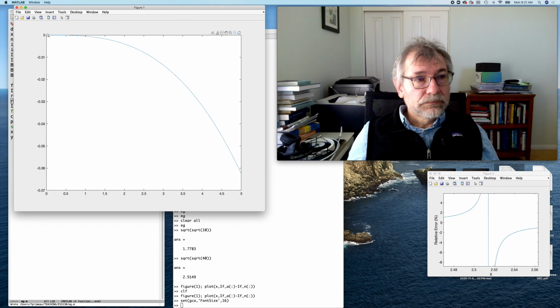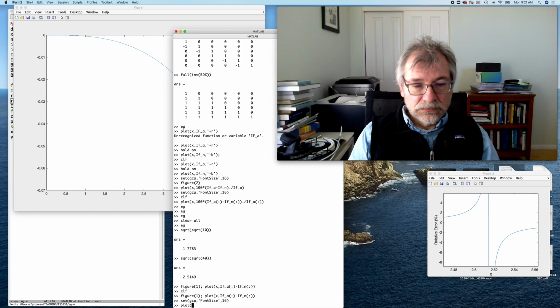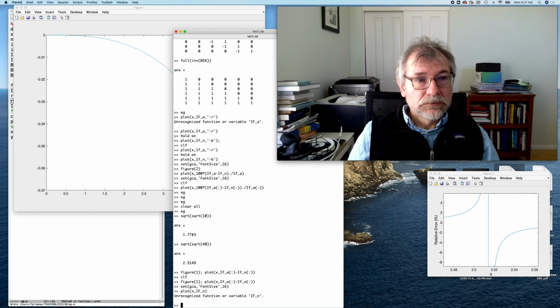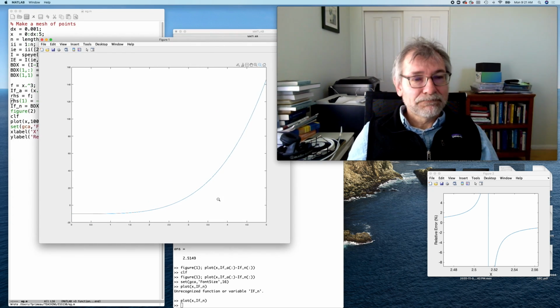And it goes from between 0 and minus 0.07, but the value of the function itself, IF numerical, is a function that ranges from around minus 10 all the way up to around 160 or so. And so that's a pretty small absolute error.